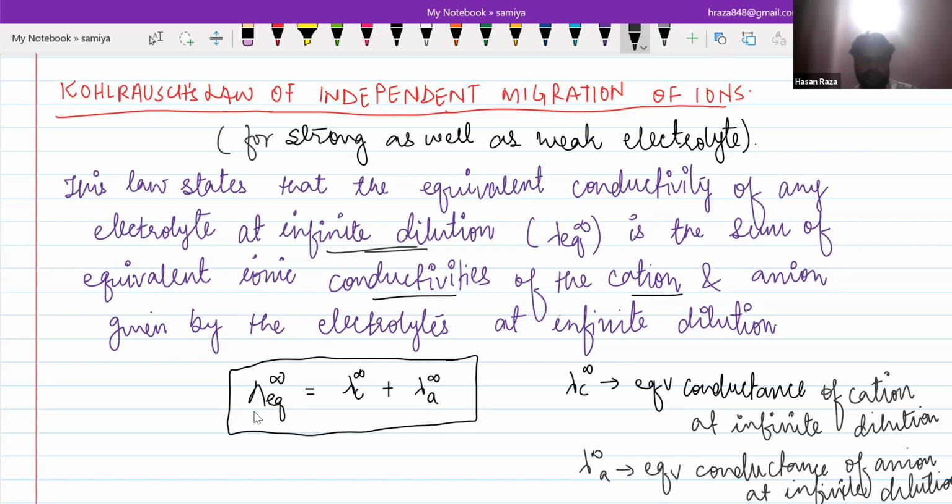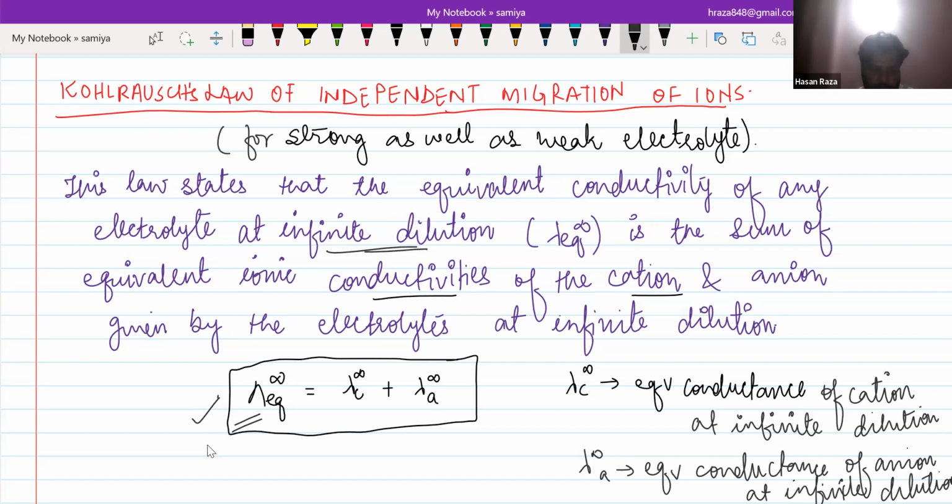So basically, this will be an electrolyte, whether strong or weak. It will be dissociated into ions, and those ions will have some equivalent conductance or molar conductance, and that depends upon cation or anion. I will explain it again.